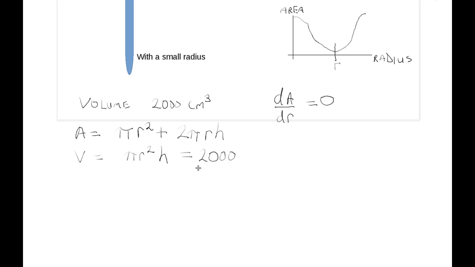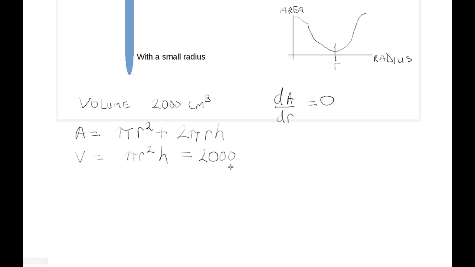So what we're going to do here is rearrange this equation to get it into terms of h, and then substitute that into this. So then we've got a formula that's purely in terms of the radius.